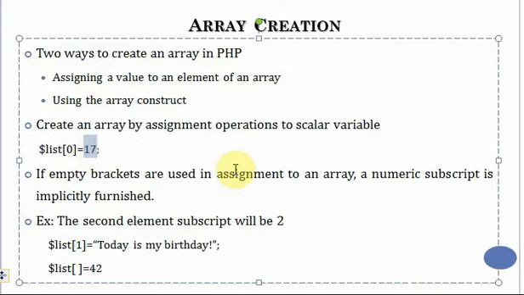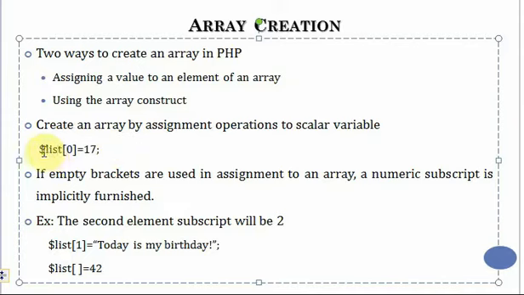If your script already had a scalar variable whose name was list, that is, if you had a variable called list previously, then after executing this particular statement it will be treated as an array. So what is the meaning of this particular statement?